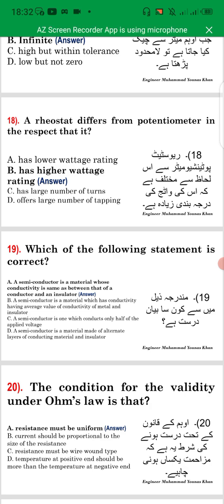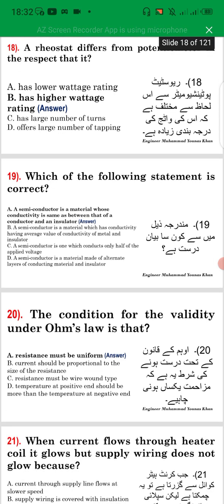C: A semiconductor is one which conducts only half of the applied voltage. D: A semiconductor is a material made of alternate layers of conducting material and insulator. So correct answer is A.